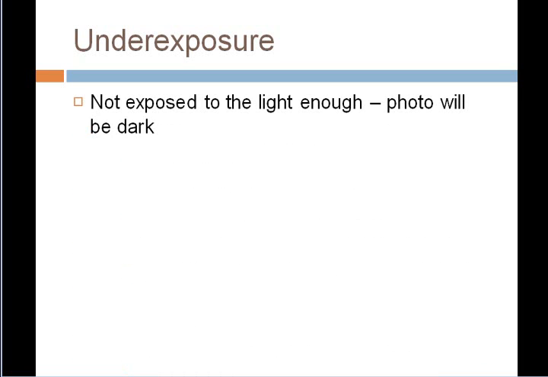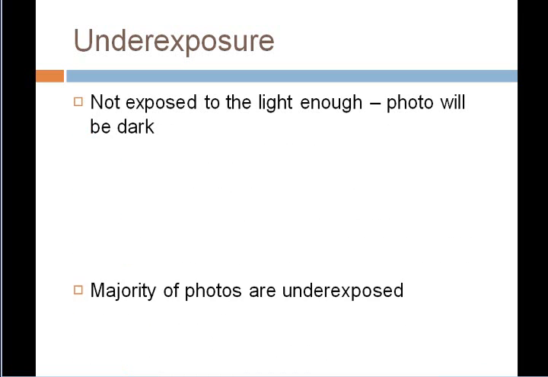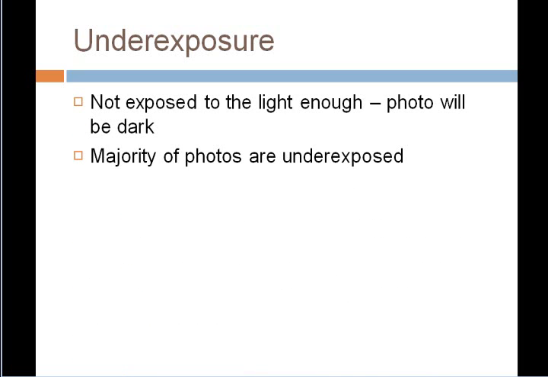You'll remember that underexposed photos are not exposed enough to light, so the photo is going to be dark. The majority of the photos are underexposed. That's just what the camera does in its math. The histogram, the graph, is to the left, and we're going to be looking at that.